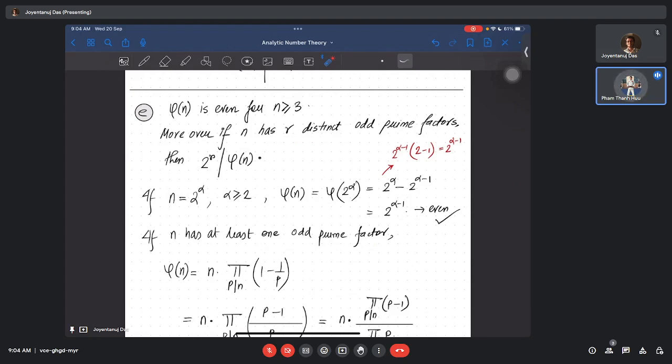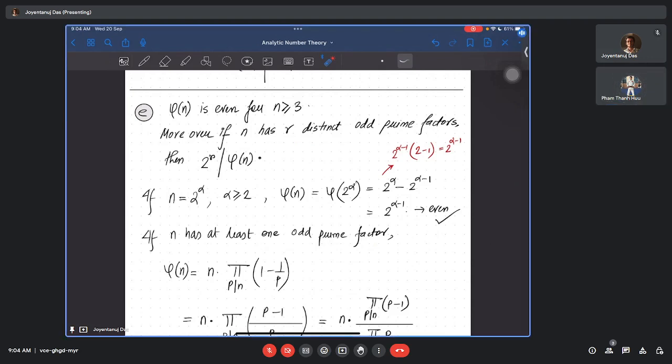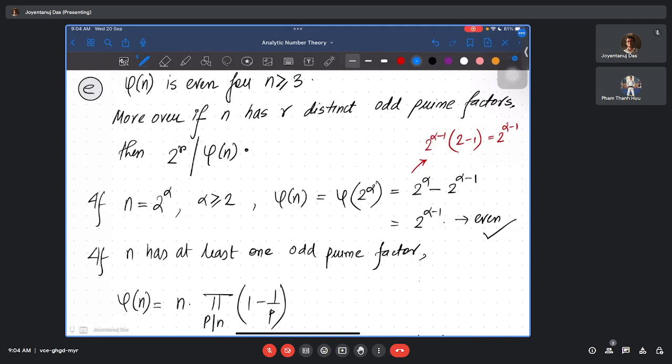But does the second case include the first case? No, they are disjoint. At least one odd prime factor means, for example, n equals 2 cube is the first case, which has zero odd prime factors, and the second has at least one.